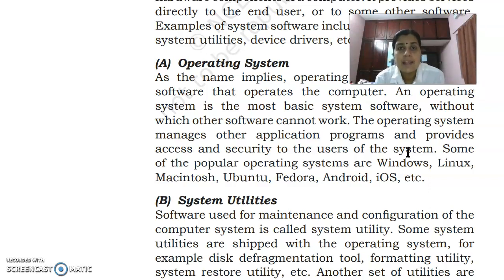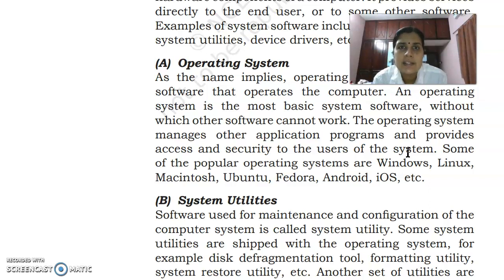So it is the basic of system software. By using an operating system, a computer can be operated, and this operating system manages other application programs and provides security to the user.